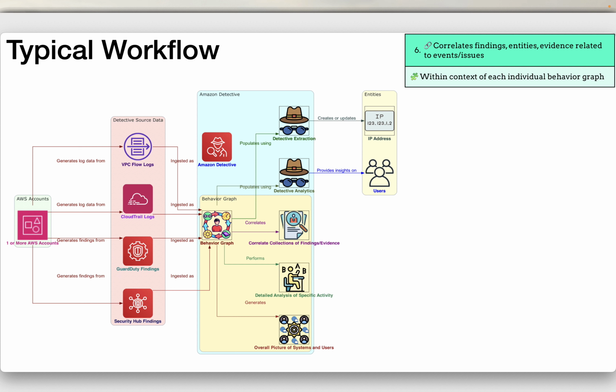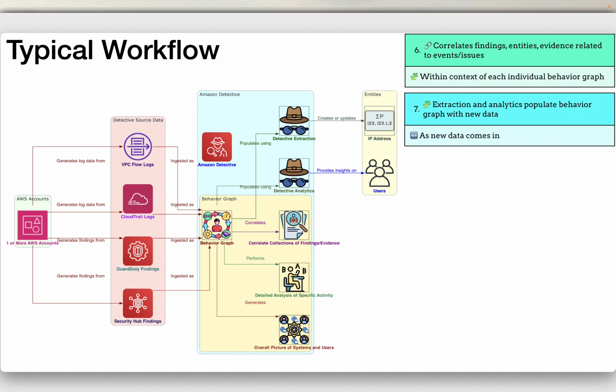The behavior graph correlates collections of findings, entities, and evidence that may be related to the same event or security issue. All extraction, modeling, and analytics of behavior graph data occurs within the context of each individual behavior graph.